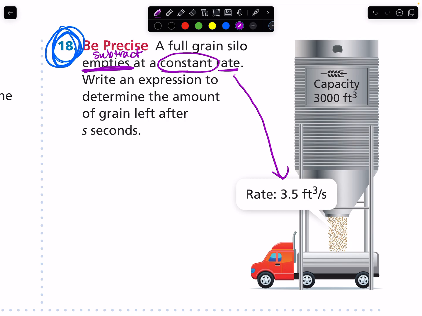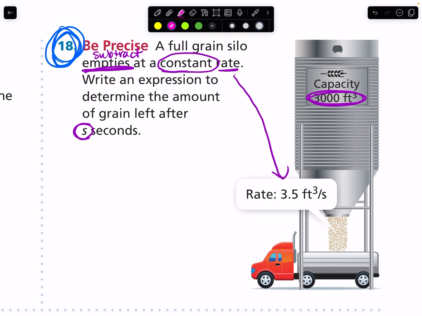Write an expression to determine the amount of grain left after S seconds. So we have S that we're going to be using. So this is not an equation. We won't be able to solve it, but we can say how much is left. So we have the information that this is what we start with. And that is going to change, but what we start with is not going to change.